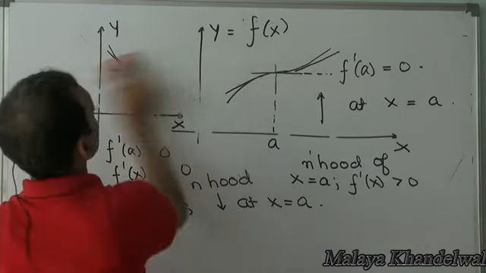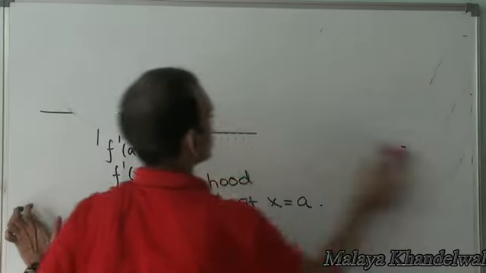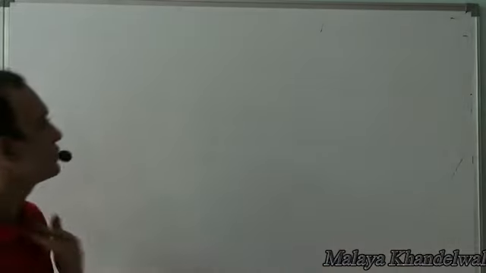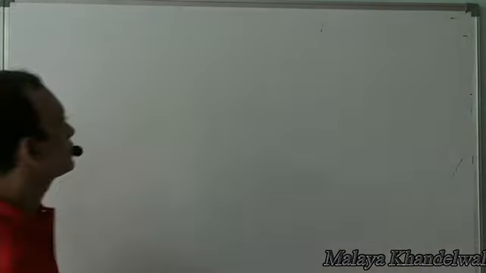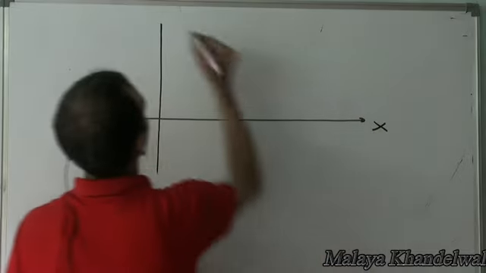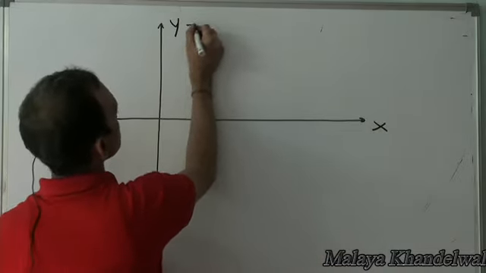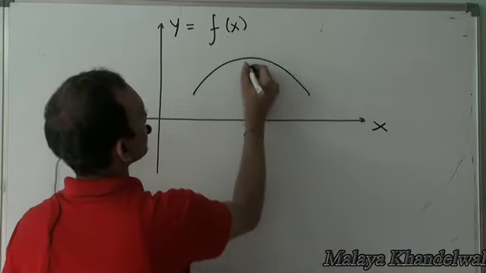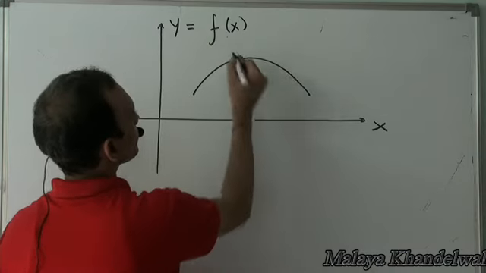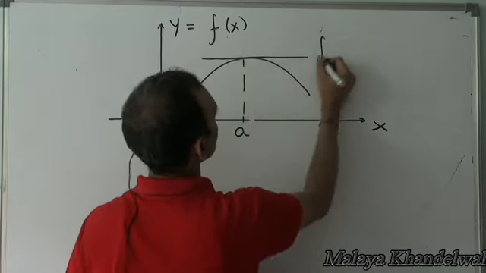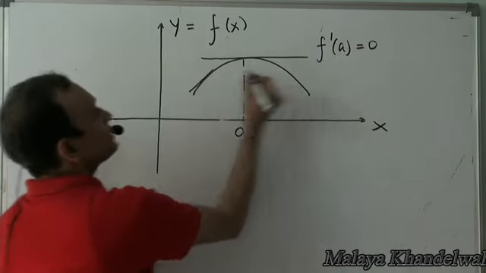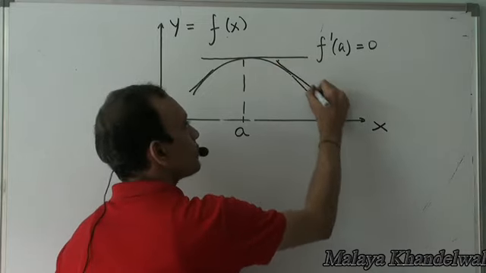And in fact, something like this, where at x equal to a, f dash x becomes 0, but to the left of a and to the right of a, the tangents have opposite signs.